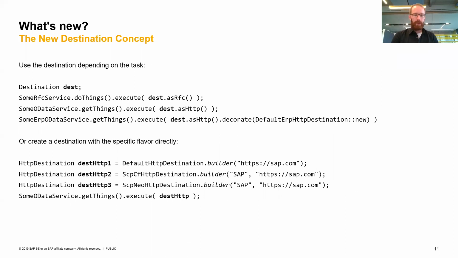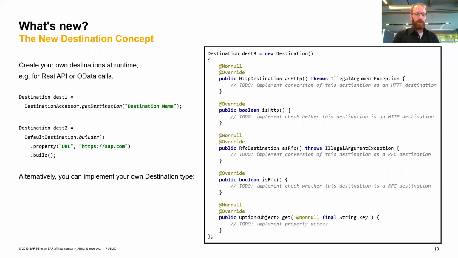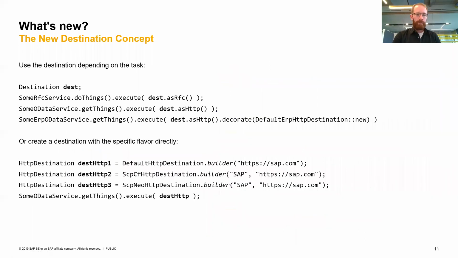As you saw before, what you retrieve from our destination accessor is a plain destination. So how do you map it from a destination to an HTTP destination? For that, you have those as HTTP methods, as well as an isHttp method to check beforehand whether the destination you have at hand actually is an HTTP destination or not.